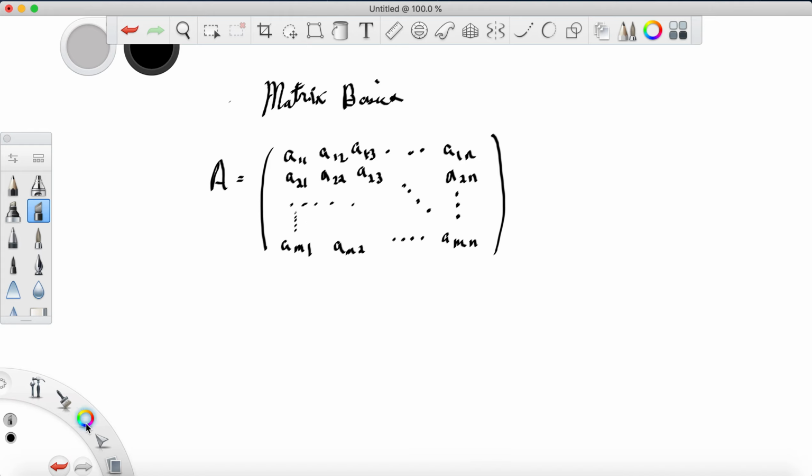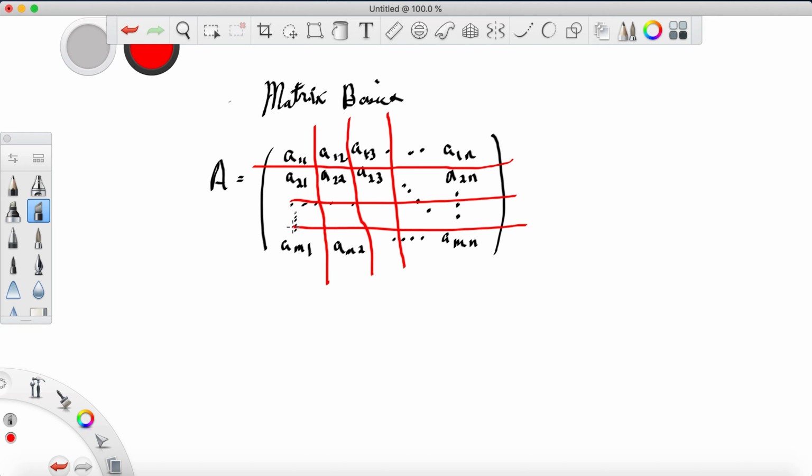So you can imagine there's a grid, sort of like an Excel spreadsheet, and the subscript tells you where in the table that element is.